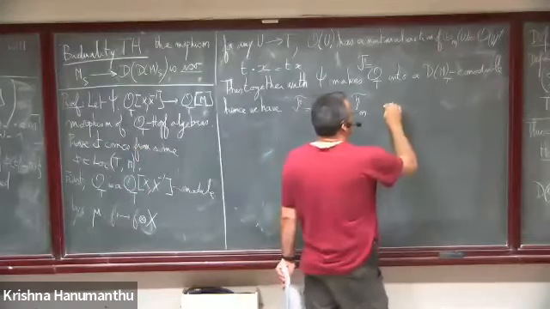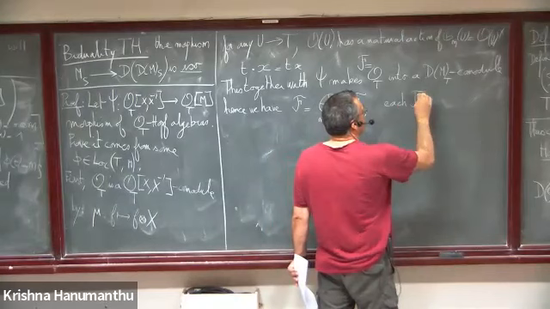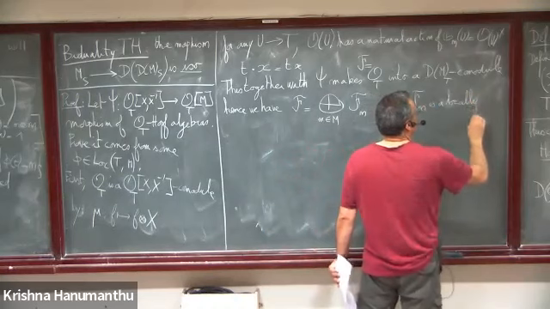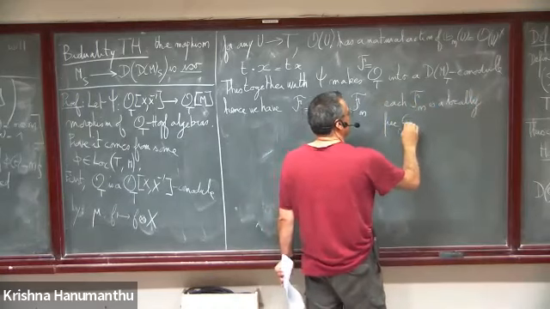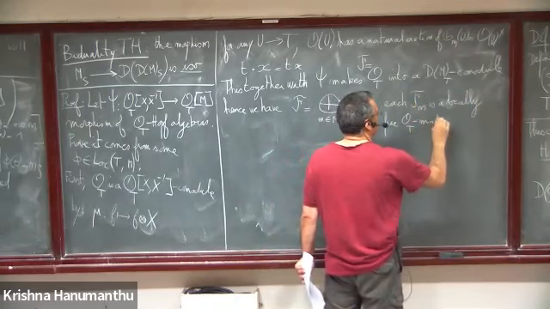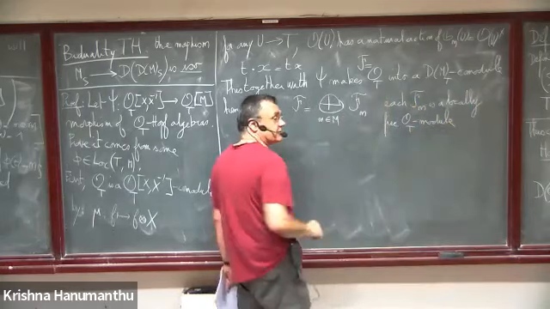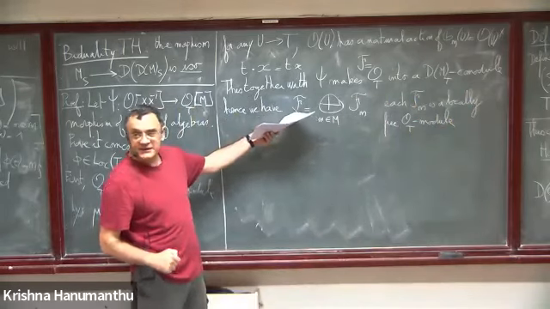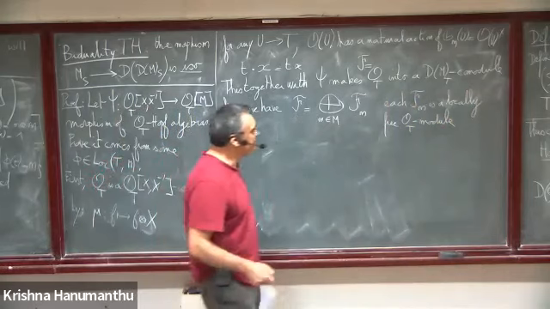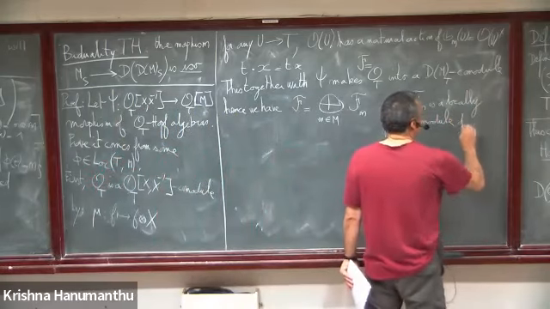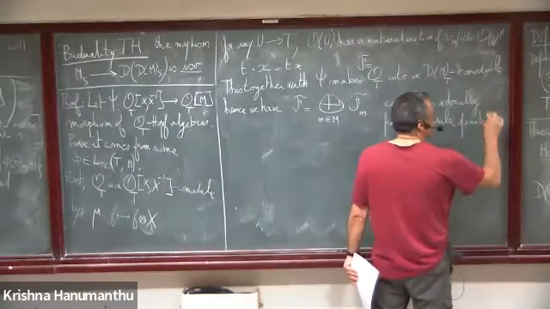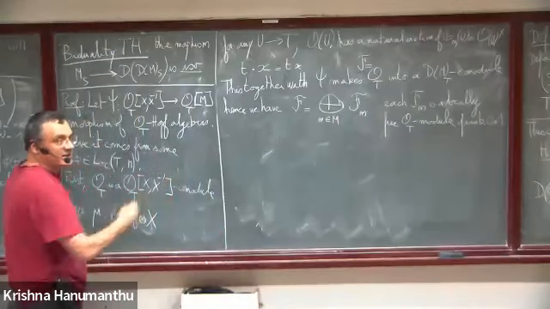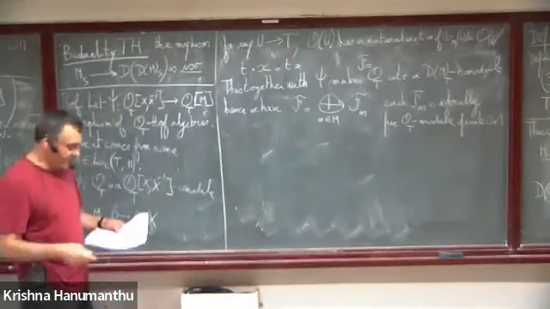And each F_m is a locally free O_T module, because it's locally a direct summand of a locally free one, and this one is O_T itself, so it has rank 1, and so each summand has to be of rank 0 or 1. So this means that locally all of these are 0 except one of them.